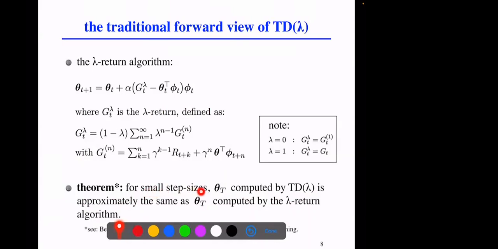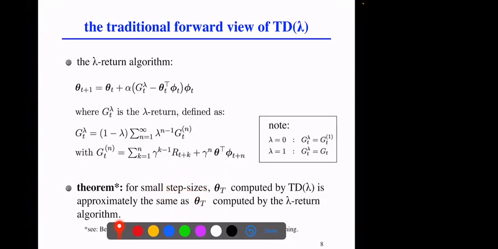The whole reason we want to do multi-step updates and eligibility traces is that we want to get high sample efficiency. And if you want high sample efficiency, you typically want to use larger step sizes as well. So the theorem is only true for a region that is actually the less interesting region.